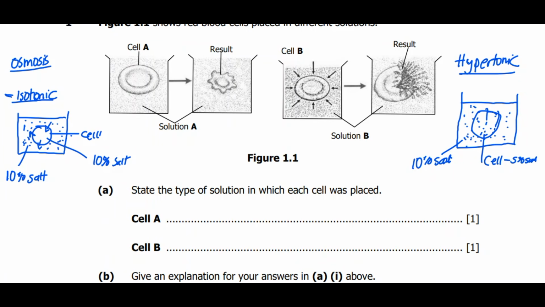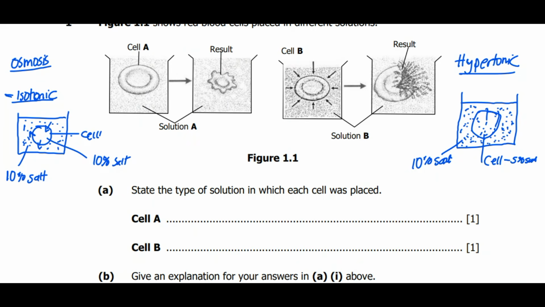So the solution has a much greater concentration than the cell. So this means that there is too much water in a cell compared to the solution, because whenever the concentration is high, it indicates that the solids are more than the water molecules. So that's what it implies.